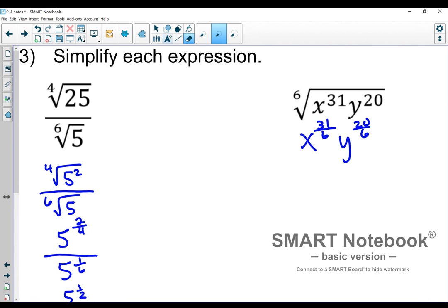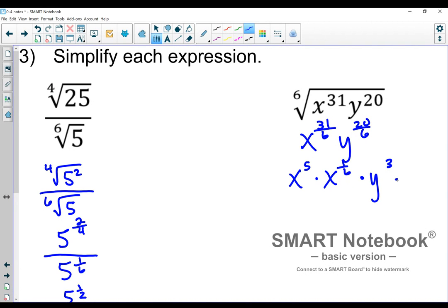So 6 divides into 30 5 times, and I would have 1 left over. So x to the 5th times x to the 1/6. And then 6 divides into 23 times with 2 left over. Oh, and that's a y. Let's fix that. So times y to the, let's see, we had 2 left over, so 2/6 power.